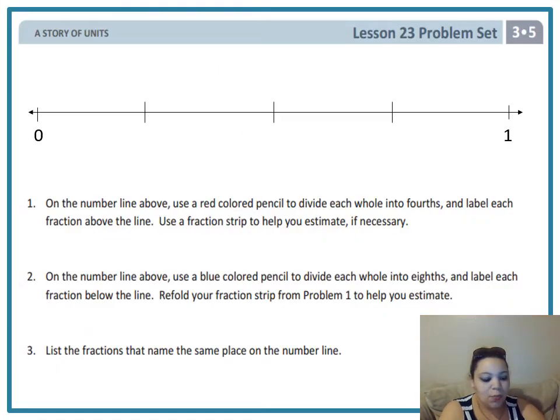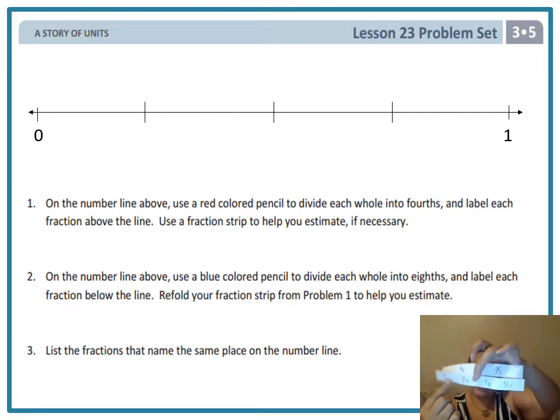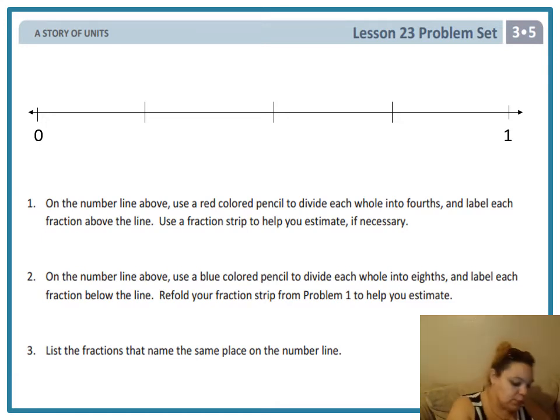So why we did that was because our fraction strips could actually be really helpful in solving our problem set. If you look at your number strips, you notice that 1/2 and 4ths line up perfectly. Just like it showed in our picture, we can have 1/2 is equivalent to 2/4, or we could switch that out and do it with 8ths.